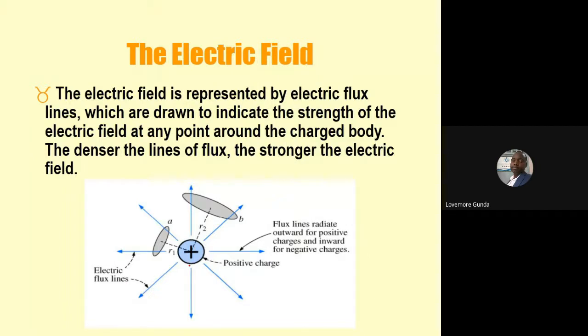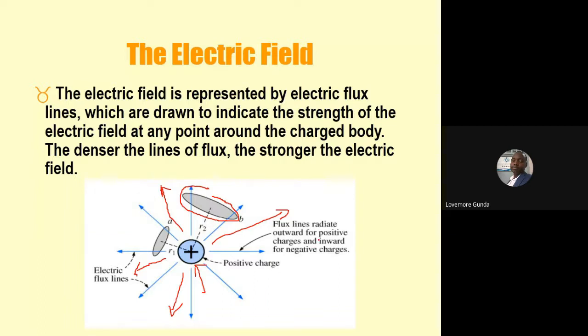So if you have this charged body, the positive charged body there, then it radiates its flux away from itself in those directions given in the blue arrows. And the number of lines passing through a given cross-sectional area will represent the strength of the electric field, right?